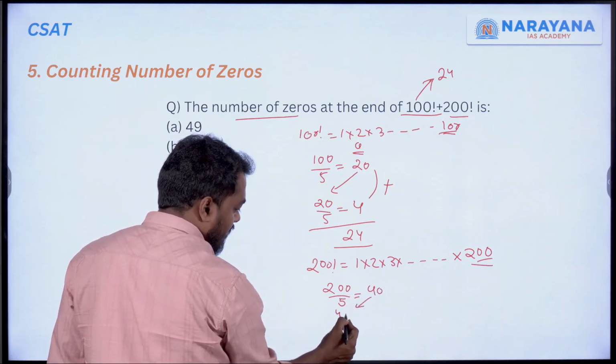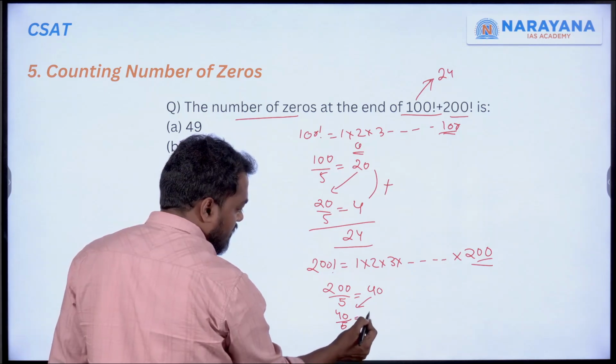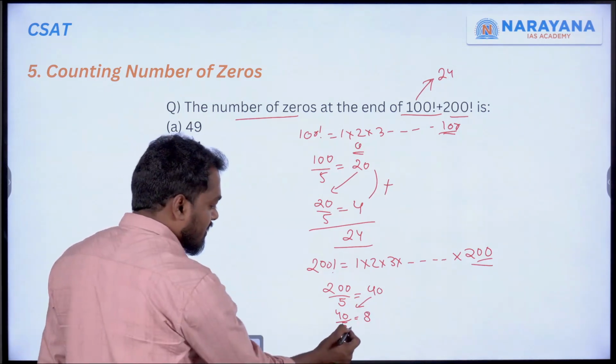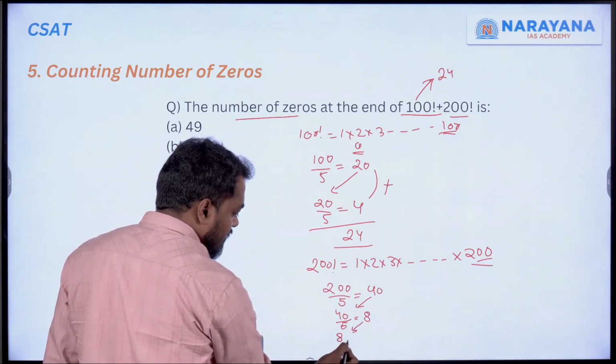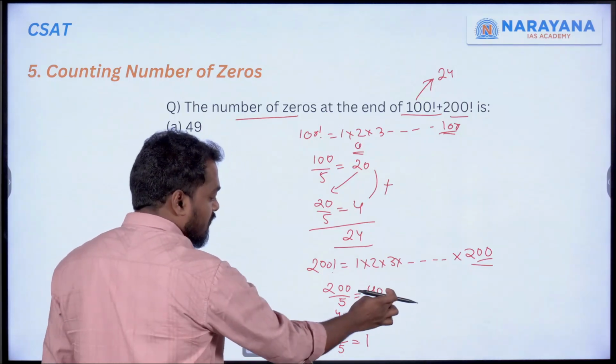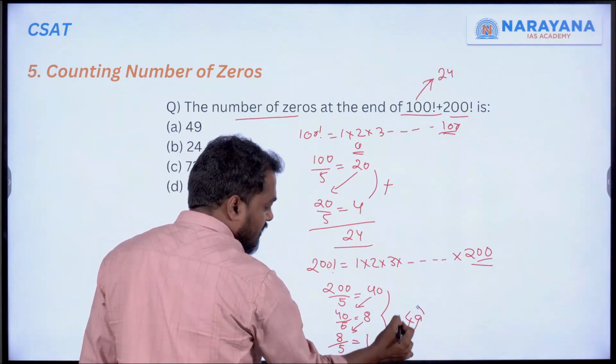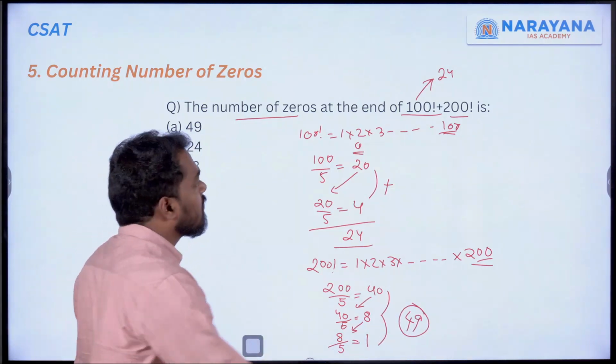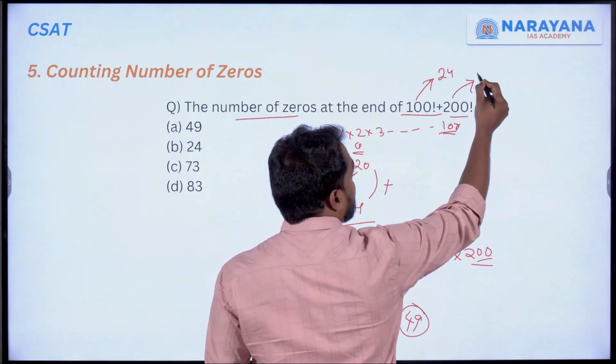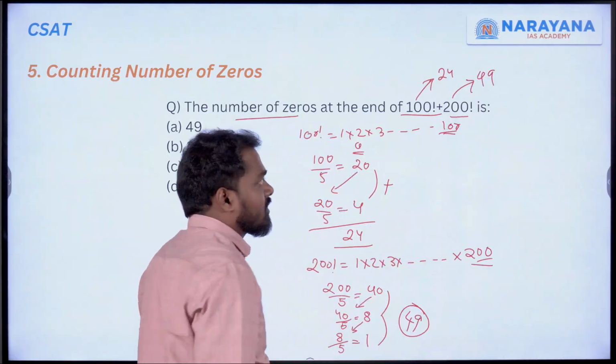Again take the 40. 40 by 5 is nothing but 8. Again take 8 divided by 5. The quotient is 1. So 40 plus 8, 48 plus 1, 49. So there are 49 zeros in this product.